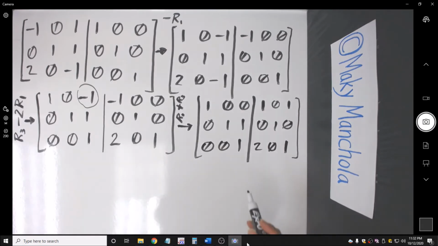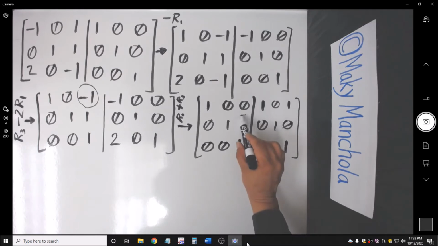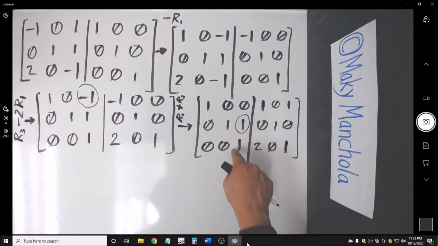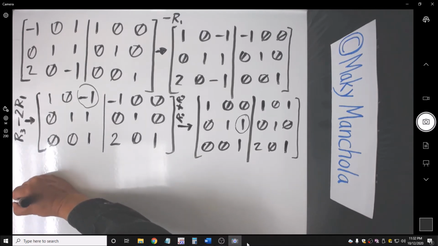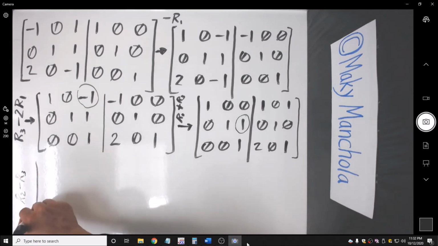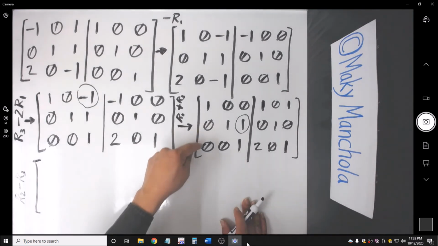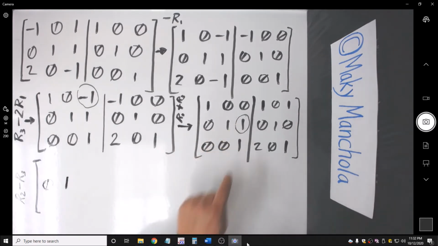Okay, now we have to eliminate the other non-zero entry that remains to be eliminated, which is the 1. So in this case, I'm going to take row 2 minus row 3 to replace row 2. So 0 minus 0 is 0. 1 minus 0 is 1. 1 minus 1 is 0.